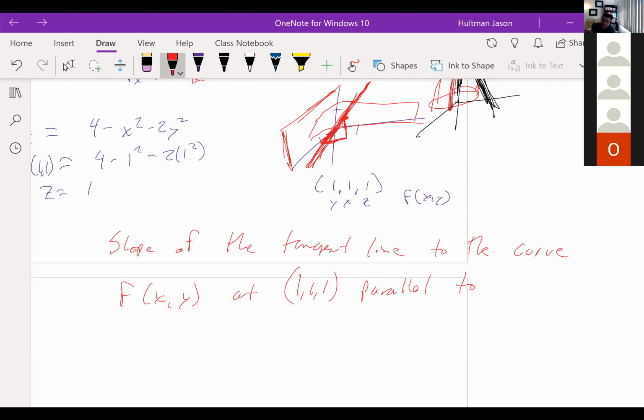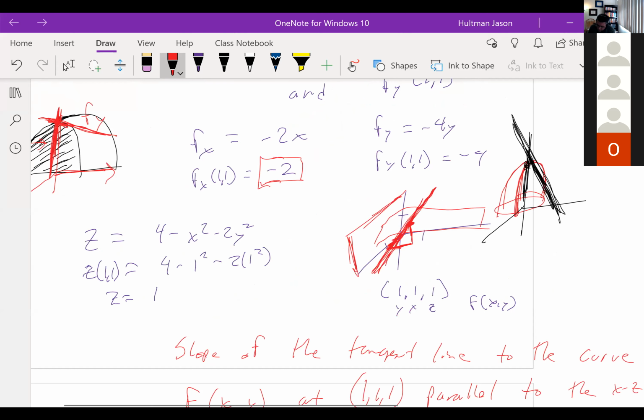I should say in the direction of the x-axis, well, it's not even in the direction, we'll just leave it as parallel. Parallel to the xz plane, because you just want to go in the direction that the xz plane is going.